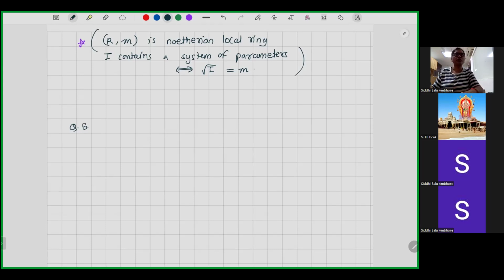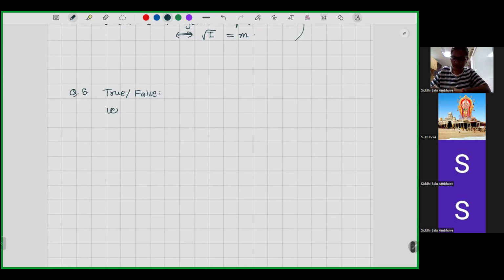Yeah, this is true or false again. So let Q be in MSpec of Z[x].